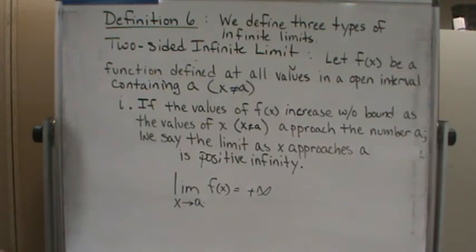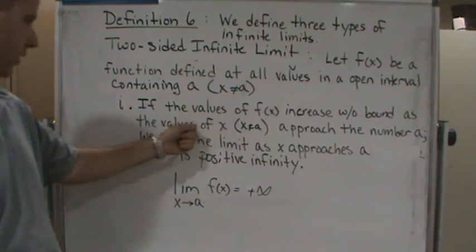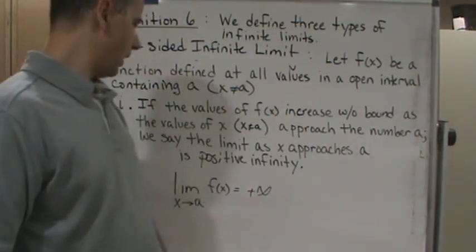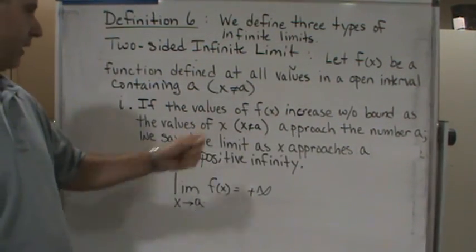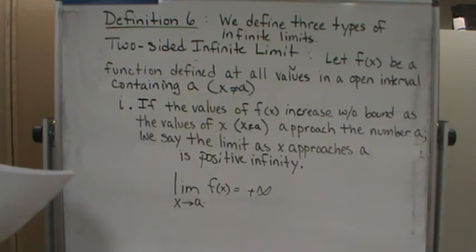And that's the way we would do it. Again, if the values of f(x) increase without bound as the values of x approach the number a, we say the limit as x approaches a is positive infinity.